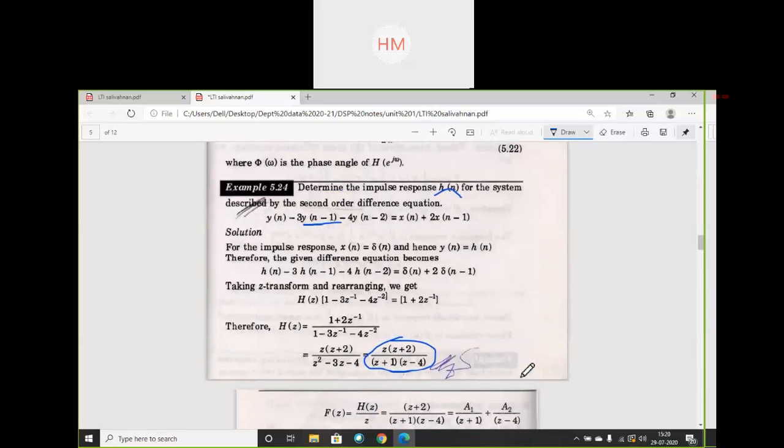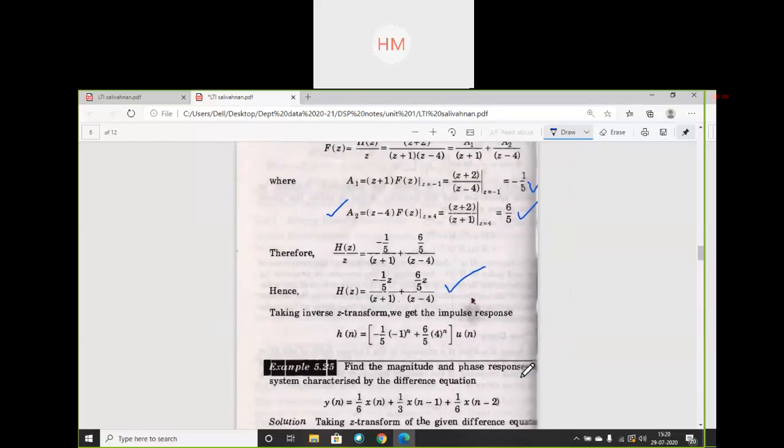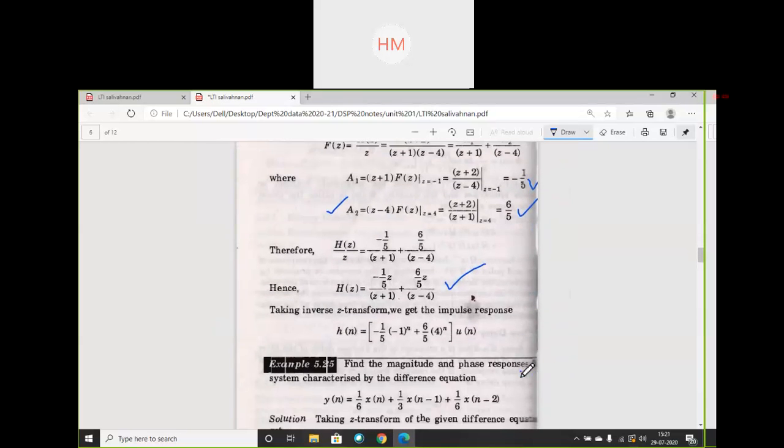And see what you can notice regarding this equation. Is there any difference between example 5.25 and this 5.24 equation? Can you tell me? Yes, who can tell me the difference?